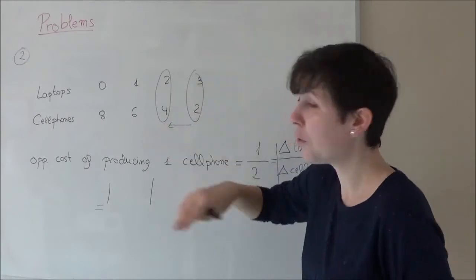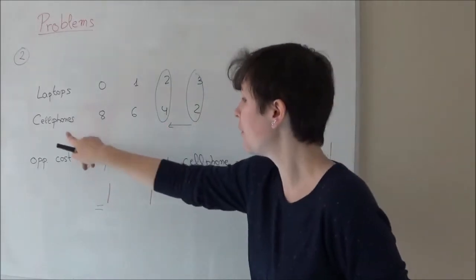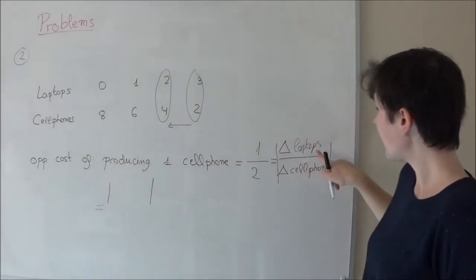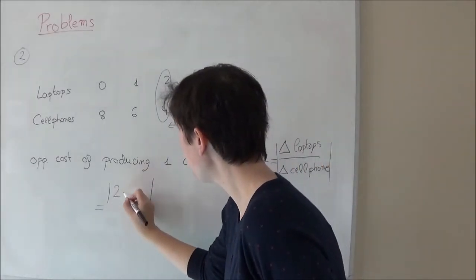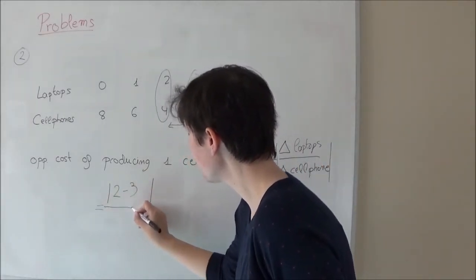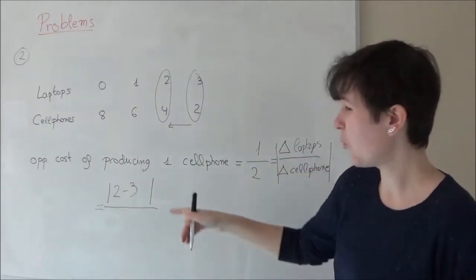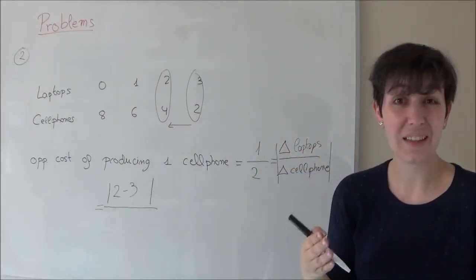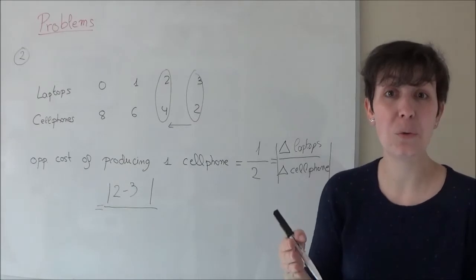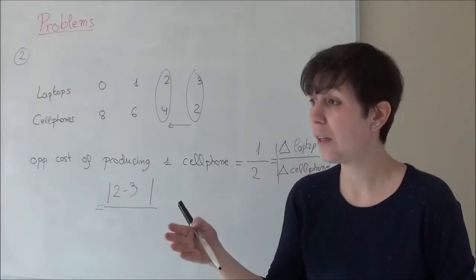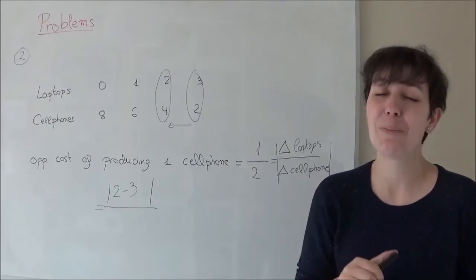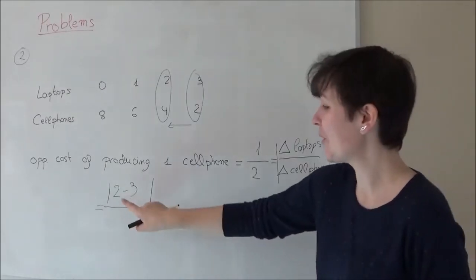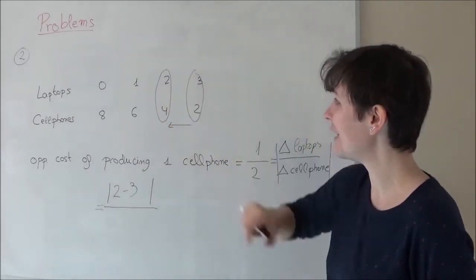From 2 to 4 you are producing more cell phones. What's going on in the case of laptop? Well, final value 2 minus initial value 3. As you are always going to use absolute terms, you can see that in fact it doesn't matter if you do final value minus initial or vice versa. But theoretically it's much better to always put final value minus initial value.